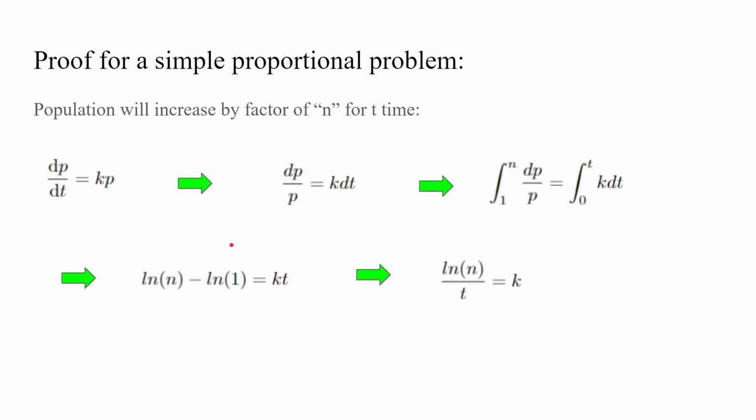The population is being increased or decreased by a factor of n, which is equal to the proportionality constant multiplied by time. Let's continue.